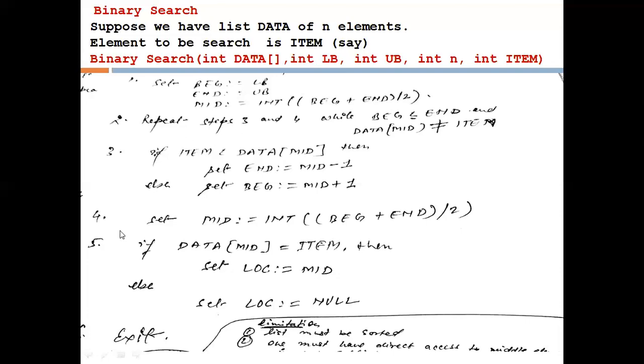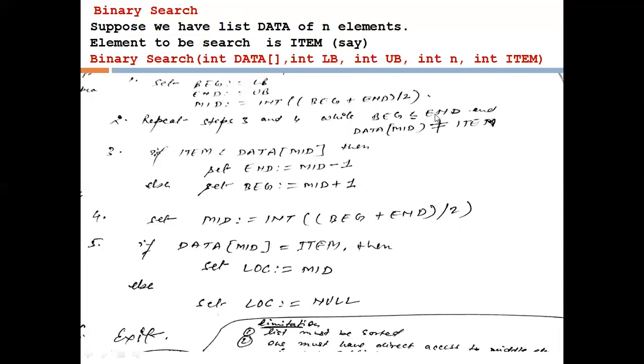And now step 4, we will again update, we will find out whether either beginning will be updated or end will be updated. So with this new value of begin or end, we will again compute mid. So basically we are finding the mid of this new sublist, and again this condition will be matched, compared.